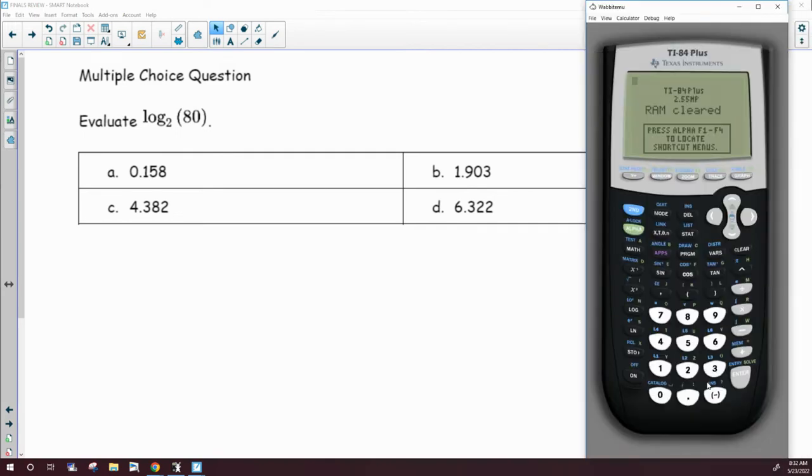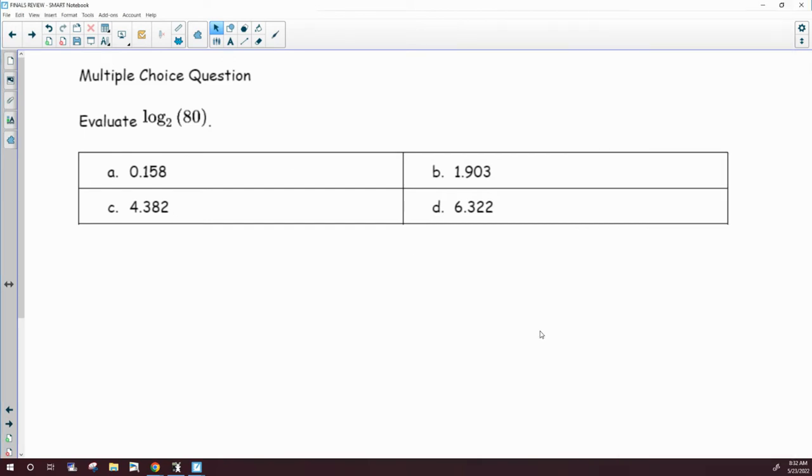So a non-example is log 80. This is incorrect. That means log base 10 of 80. This is log base 2 of 80. This is asking us 2 to what power is 80?